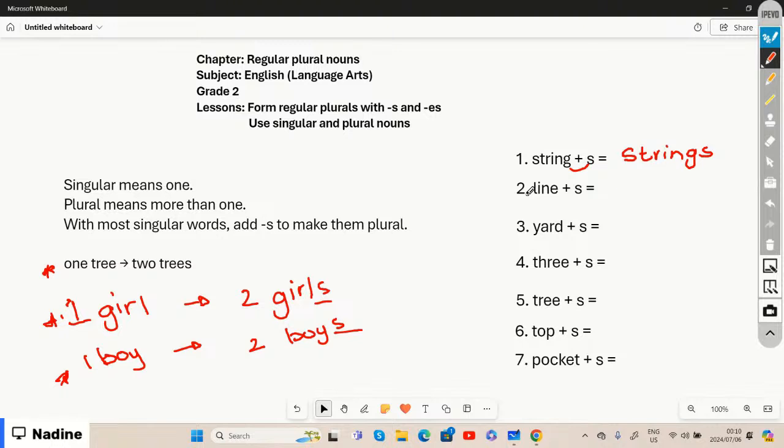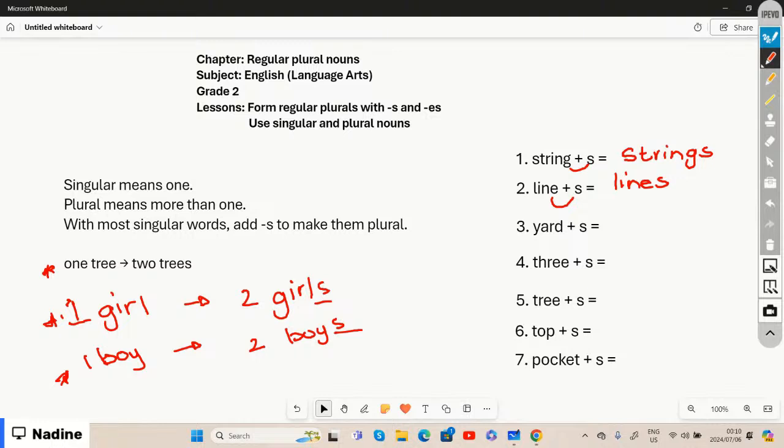All right, so line plus s would be, yes, lines, because now we added an s to our singular word line and it changes to lines.